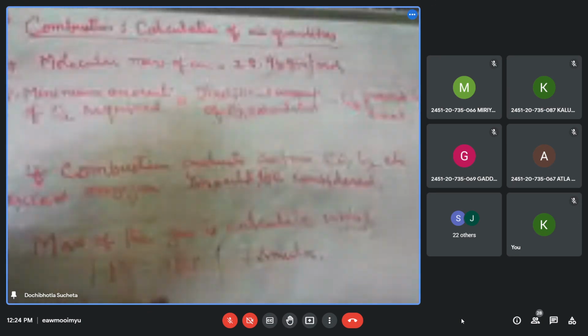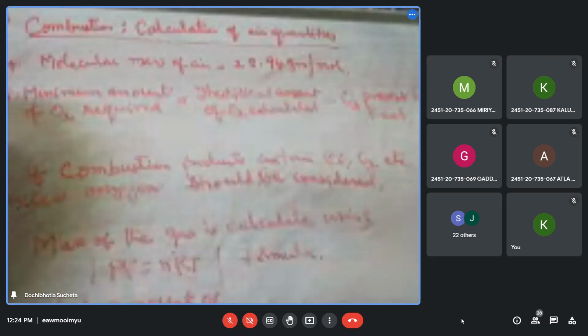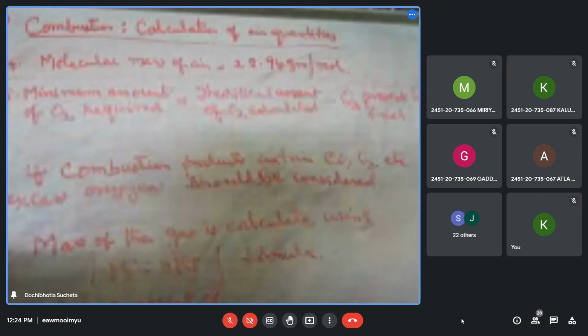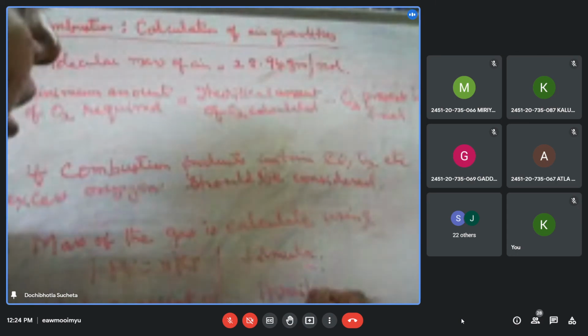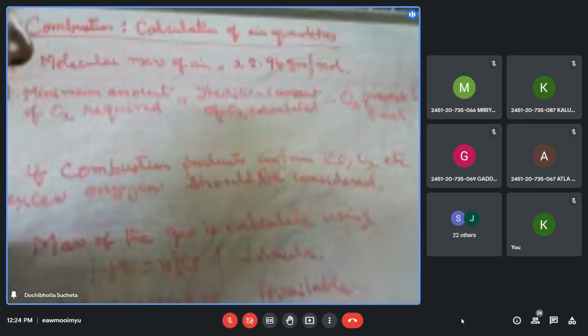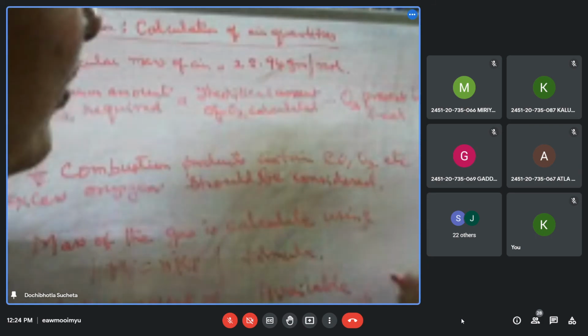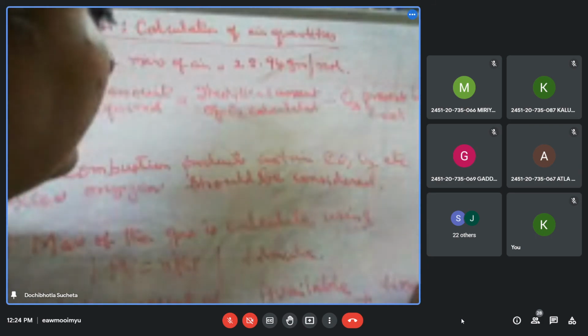Total amount of hydrogen is equal to available hydrogen plus fixed hydrogen.